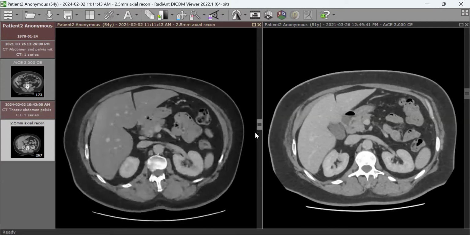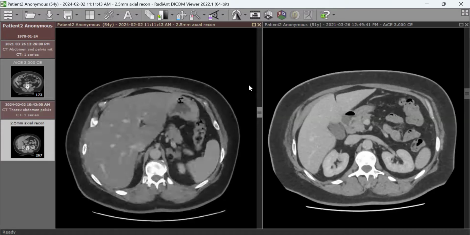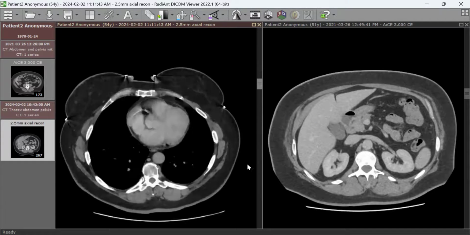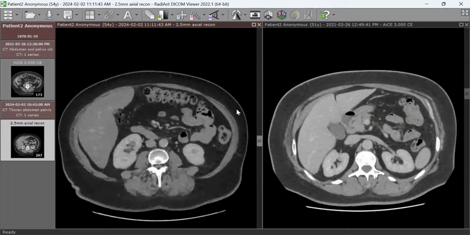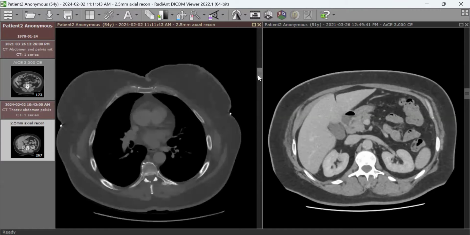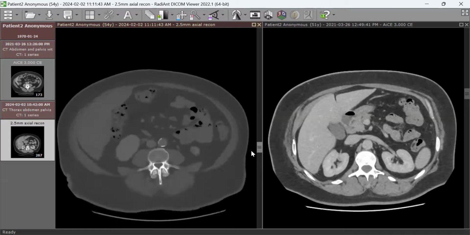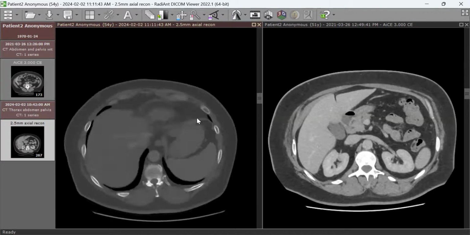I want to look for signs of secondaries, like in the chest. I can tell you there's no bone metastases.